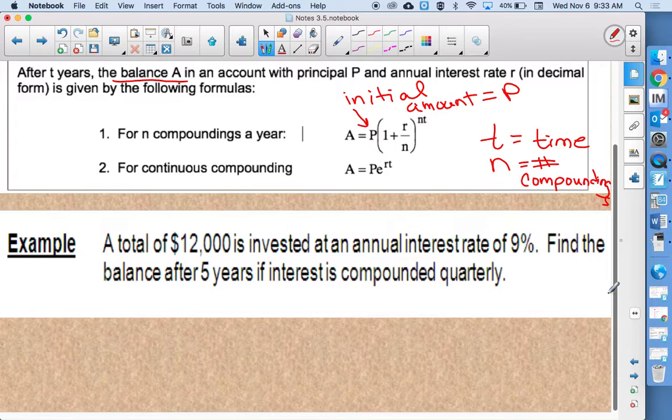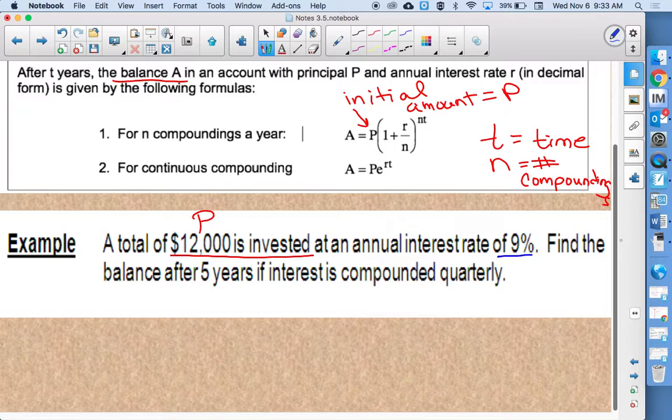So if you look at the first problem, a total of $12,000 is invested at a rate of 9%. Find the balance after 5 years if the interest is compounded quarterly. So just think about what everything means. You're investing money. That's the beginning amount. That's what I'm putting in the bank or the stock market. That's my P, called your principal.